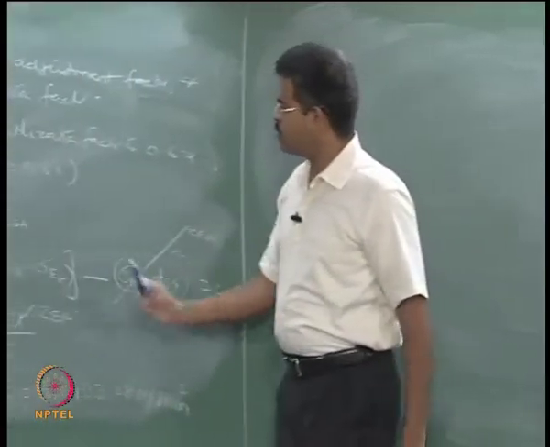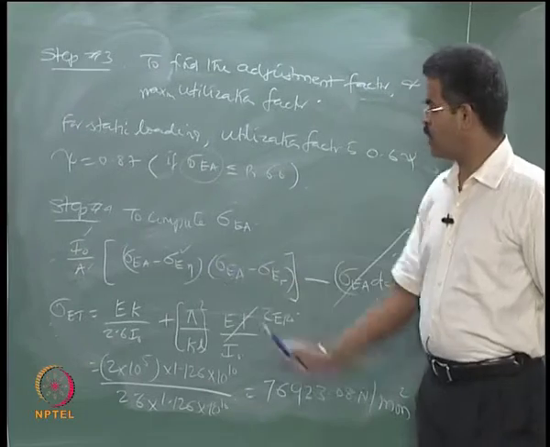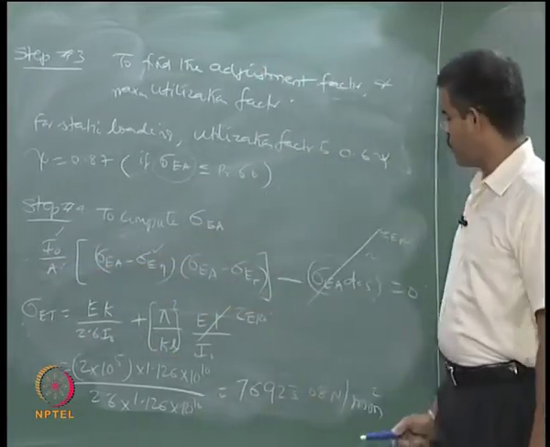I have sigma E t here, sigma E eta I already have computed, sigma E A is unknown in my equation, I naught and A I have already known from the first step.